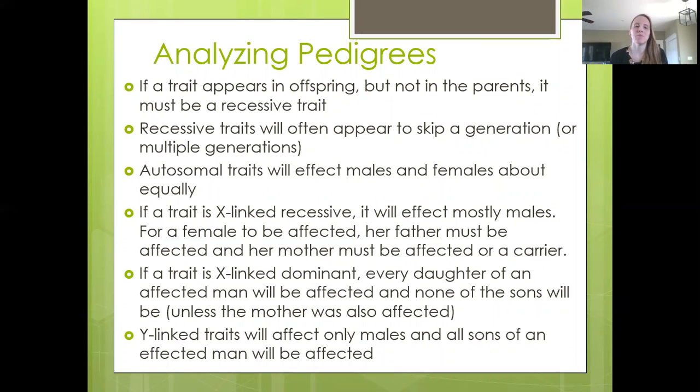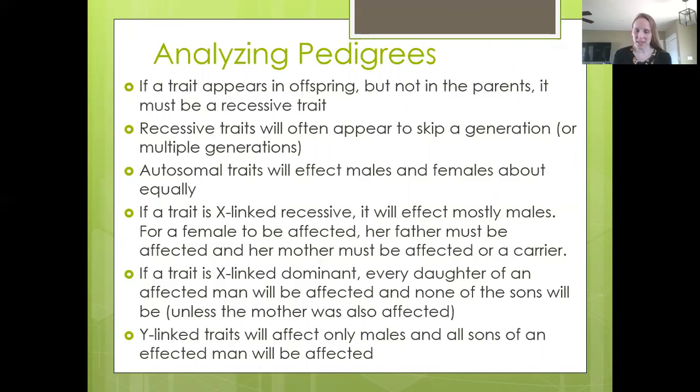Okay, so when we're looking at a pedigree, the easiest thing to tell is whether or not it is likely X-linked or not. So if it's affecting way more males than females, then we can assume that it is X-linked recessive. If every daughter of an affected man is affected, yet none of the sons are, then it's X-linked dominant.